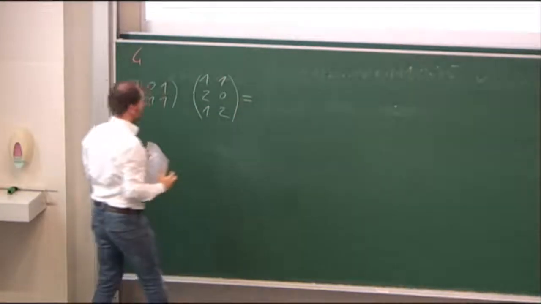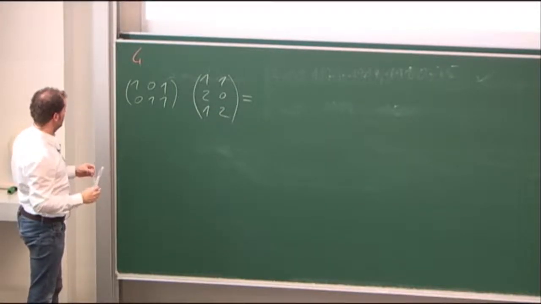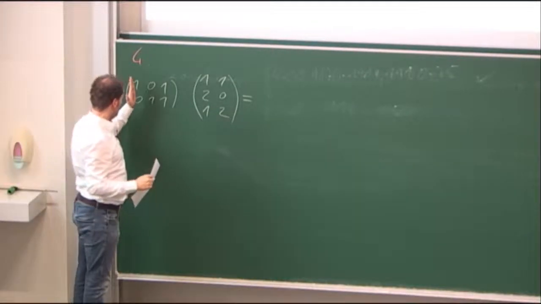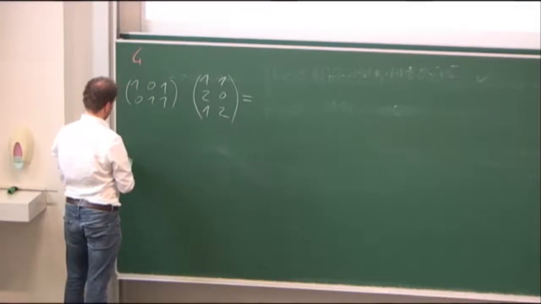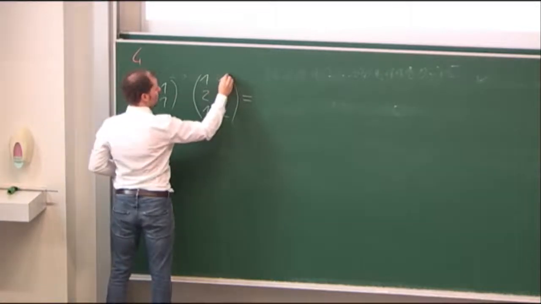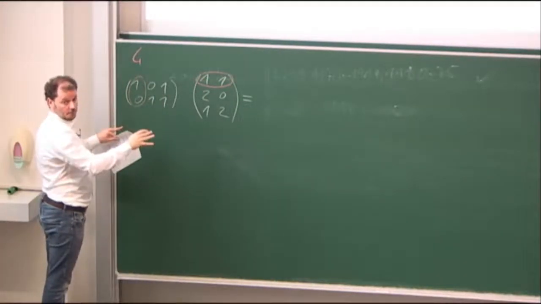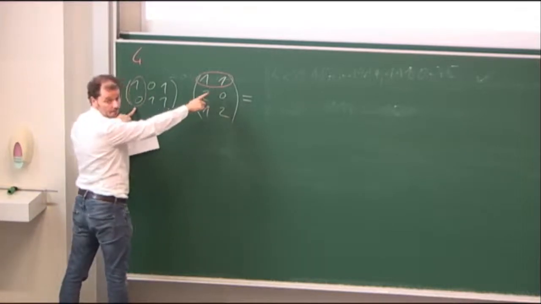And in this way of viewing matrix multiplication, we multiply this column times this row, and this will give us a full 2 by 2 matrix, right?